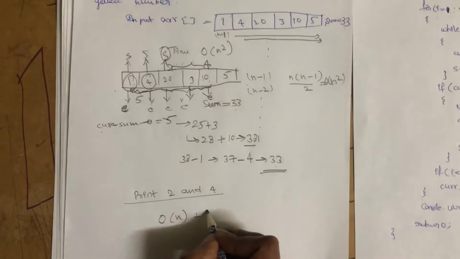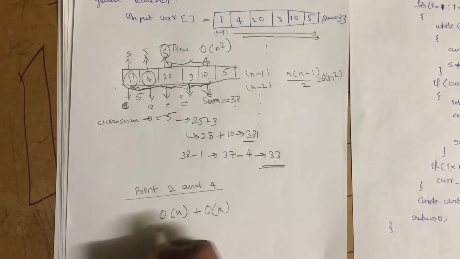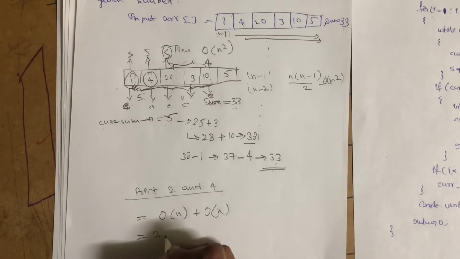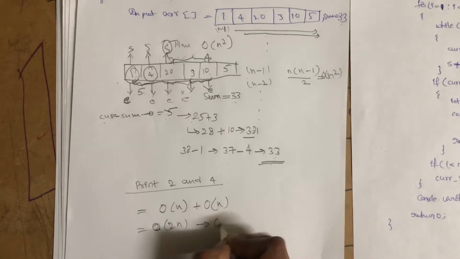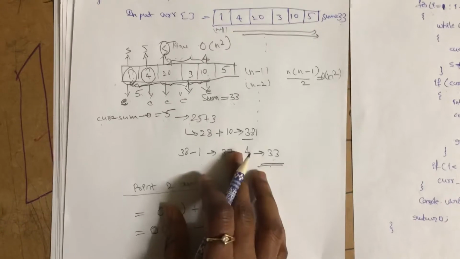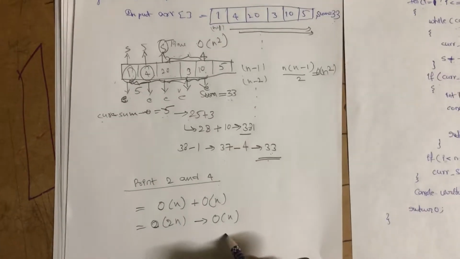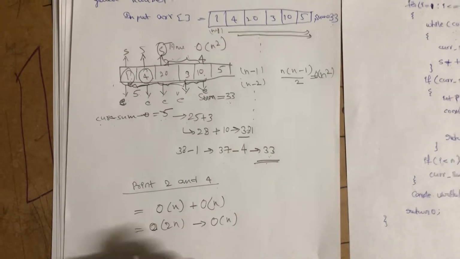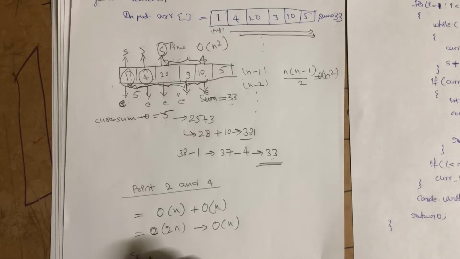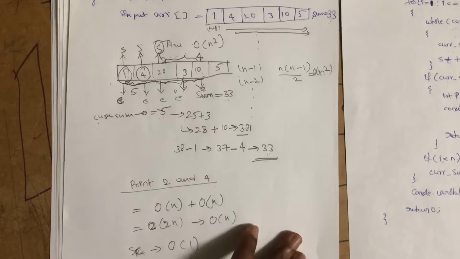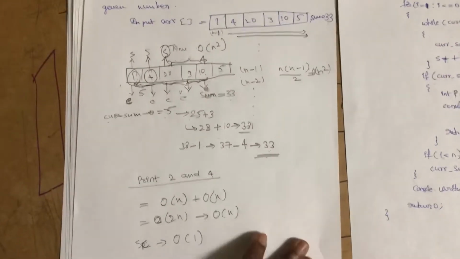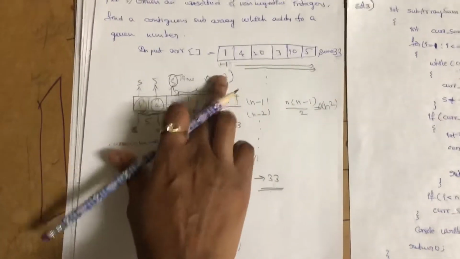That is order of 2n, which is nothing but order of n. So the time complexity is order of n. The space complexity is order of 1, since we are not taking extra space. In my perspective, this is the efficient solution for this problem.